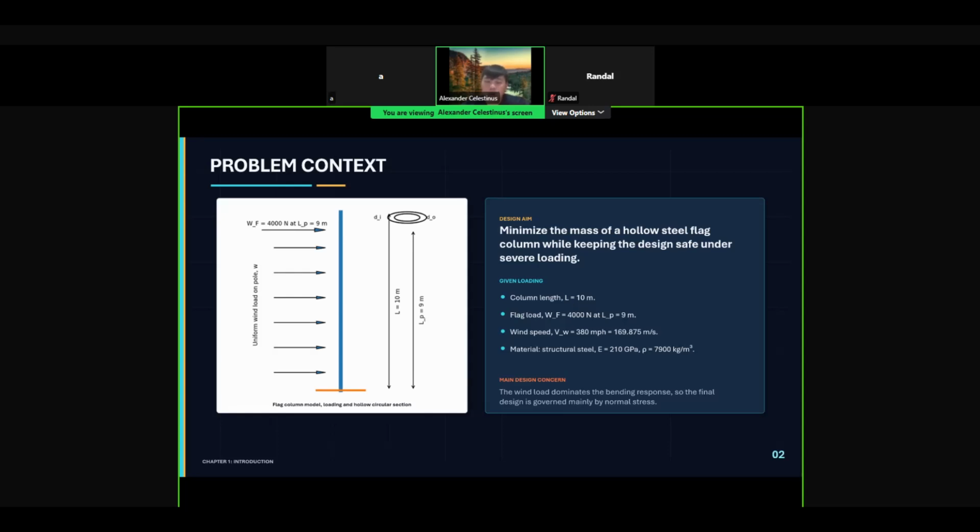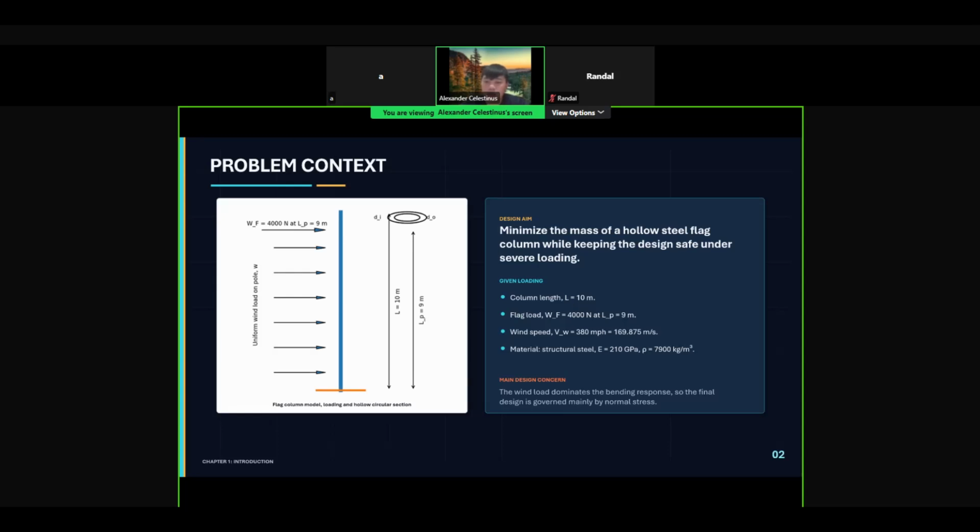The wind speed is 169.875 meter per second. And the material, steel, has a Young's modulus of 210 GPa and a density equal to 7,900 kilograms per cubic meter.